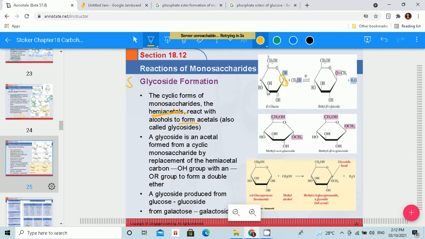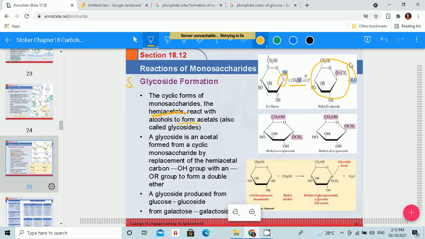So you have your hemiacetal. It's in C1. This one is your hemiacetal. Then it reacts with an alcohol to form acetals.